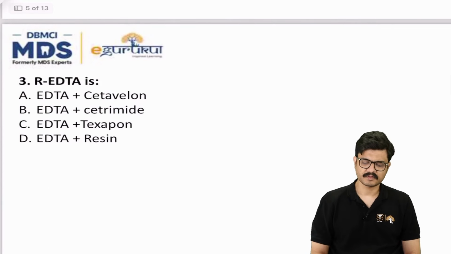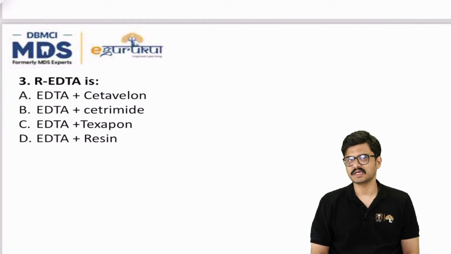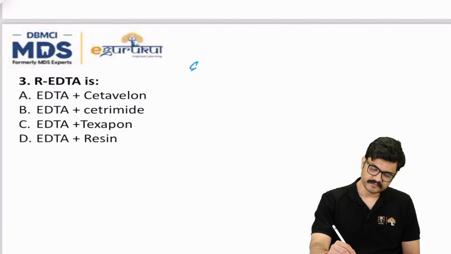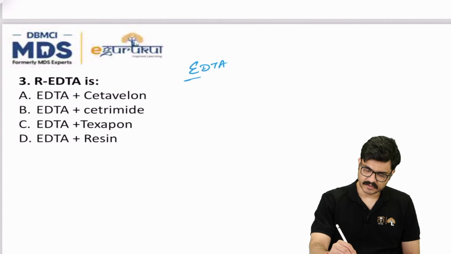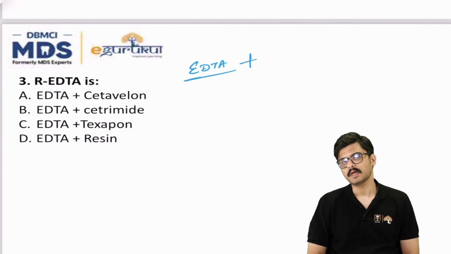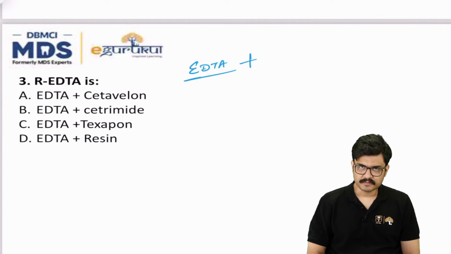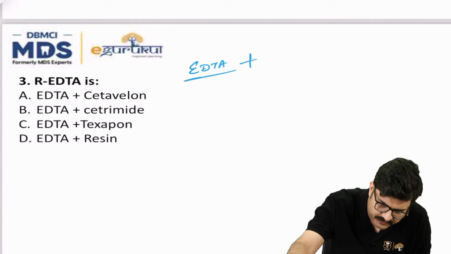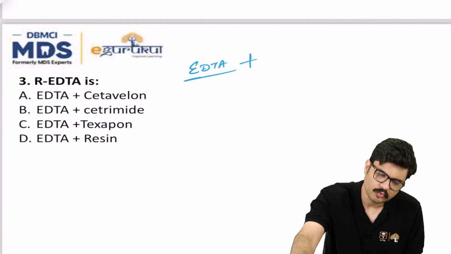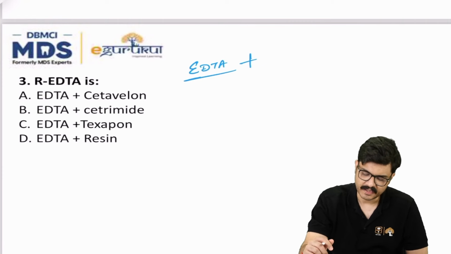Now this is a controversial question, guys. RC-Prep. Now what is RC-Prep? It's basically a combination of 17% EDTA, right, with another chemical, which is nothing but cetyl trimethyl ammonium bromide, right?